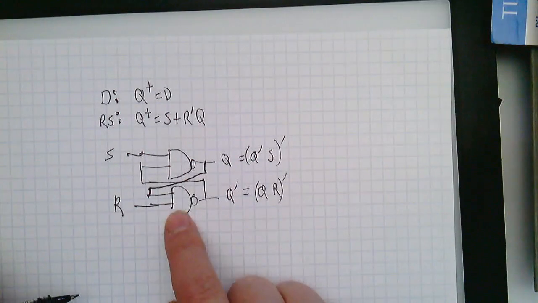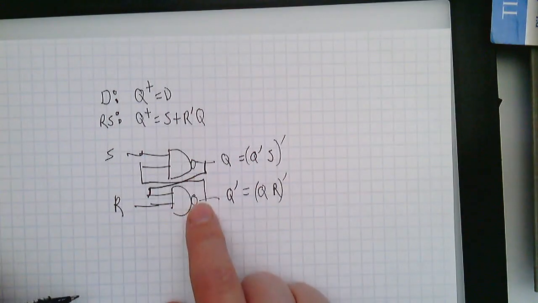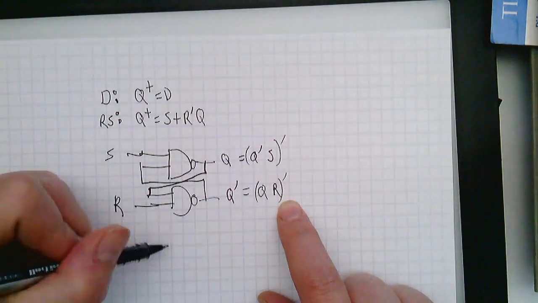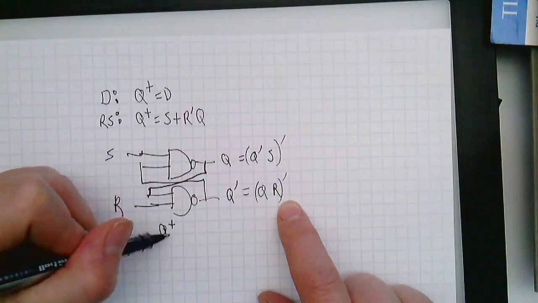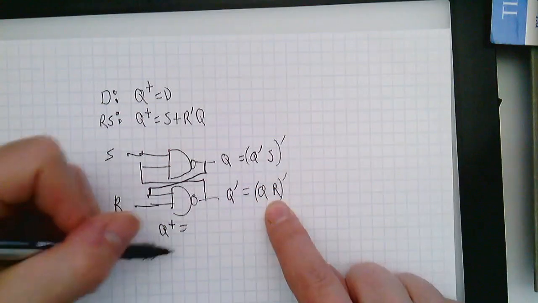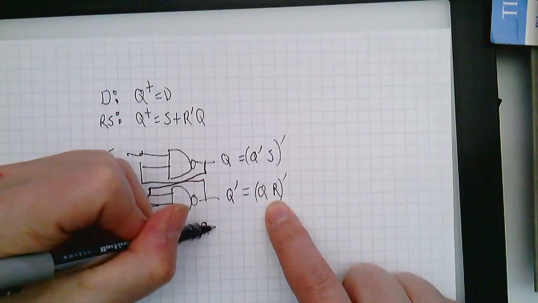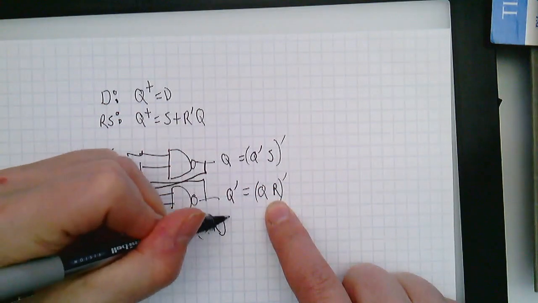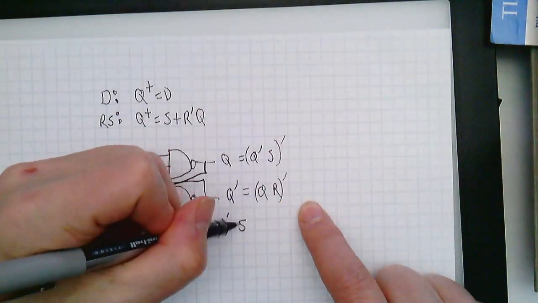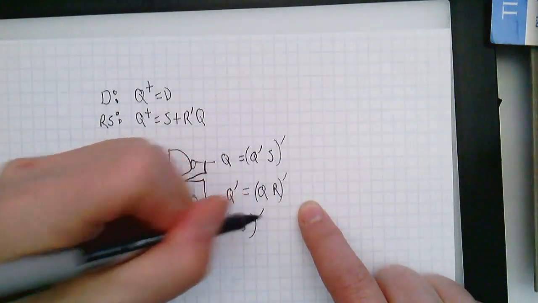So here comes R. It's being ANDed with Q, and it's an AND gate, so it's inverted. So then, what happens in the next state? Q plus. Well, Q prime, we know what that is. It's Q R prime times S, quantity inverted.